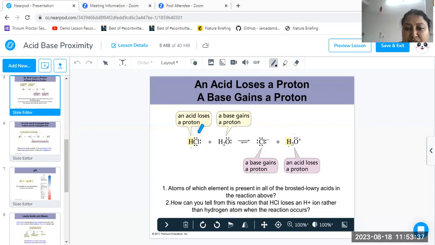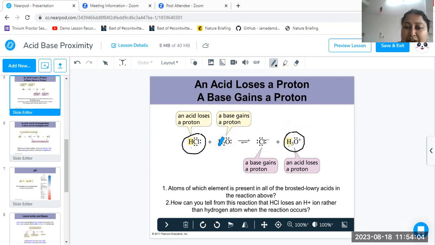To solve this type of question, first you have to take note of the acids present in this reaction. Hydrochloric acid is clearly the acid because it says hydrochloric acid. Yes, it's in the name. And the hydronium ion is also an acid, as it is the conjugate acid to the base here, which is water.